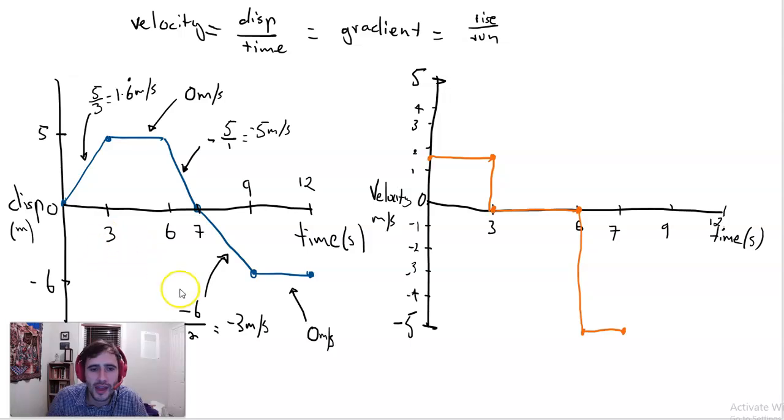And then -5 for this section, then -3 from 7 to 9. Okay, so about here. That matches up to -3. And for another 2 seconds, we will maintain that velocity because that's what it is. And then we go straight to 0 to finish it off.